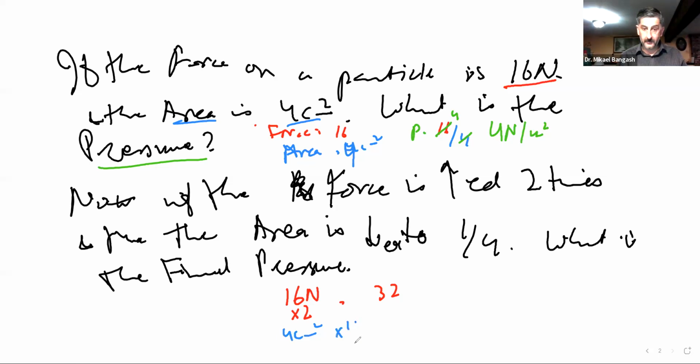And that is going to be what? Mainly, in the relationship, you will multiply this by this to get the final pressure. So that's how we got 32 newtons per centimeter square.